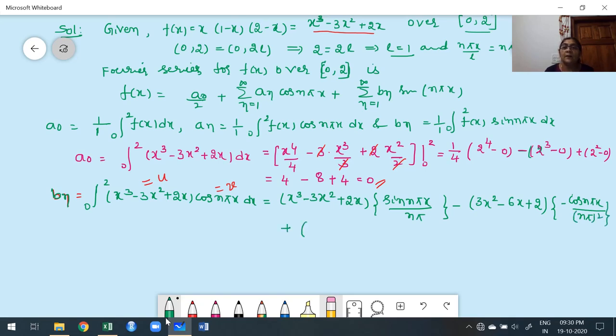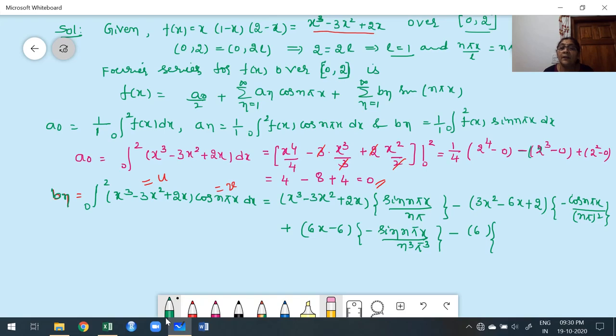Plus the derivative of 3x square is 6x minus 6, into again integrating. What is the integration of cos? Sine of n pi x, and we get n cube pi cube. Then minus the derivative of 6x with respect to x, which is 6 minus 0.